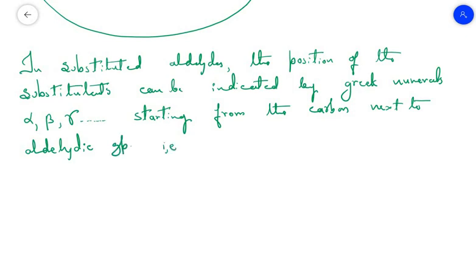Now this is the functional group aldehyde, and here we have the alpha carbon, this is the beta carbon, and this is the gamma carbon. If a substituent is present at the alpha carbon, suppose it is CH3, then we will call it alpha methyl. Then depending upon the number of carbon atoms, if there are 4 carbon atoms, it is called alpha methyl butyraldehyde.